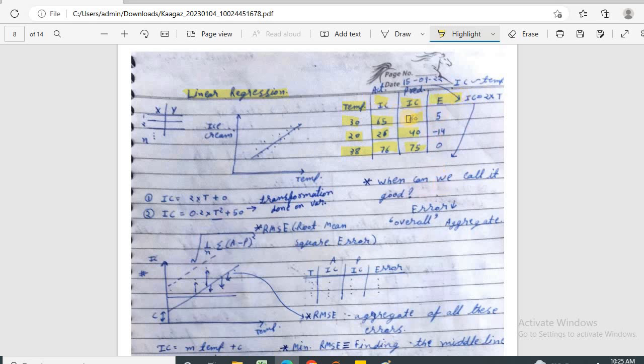What will be the error? The error will be actual minus predicted.